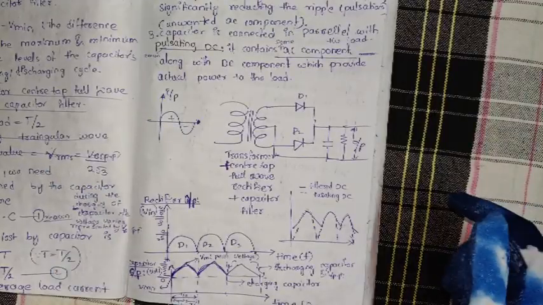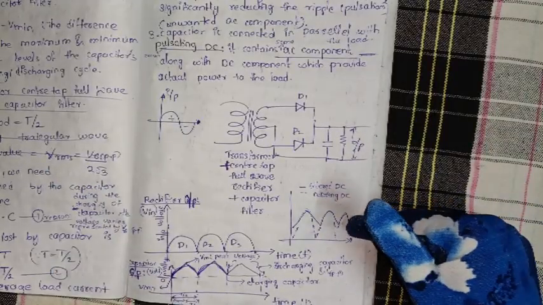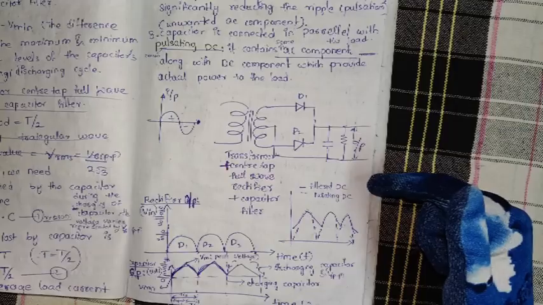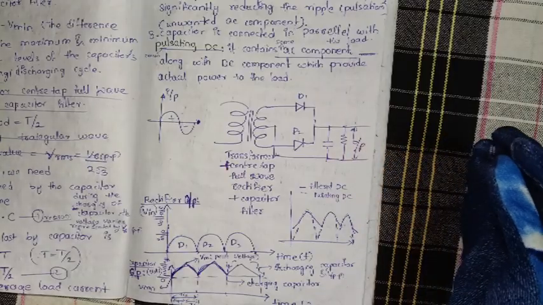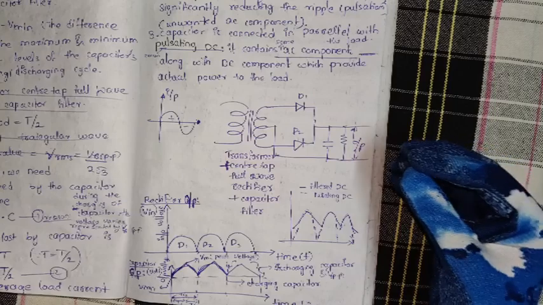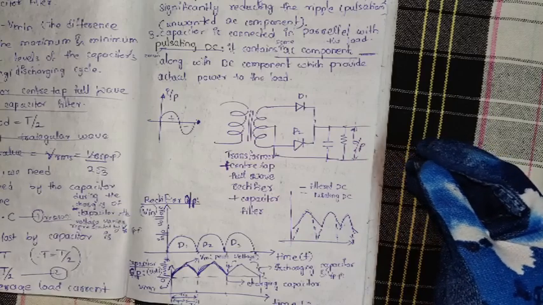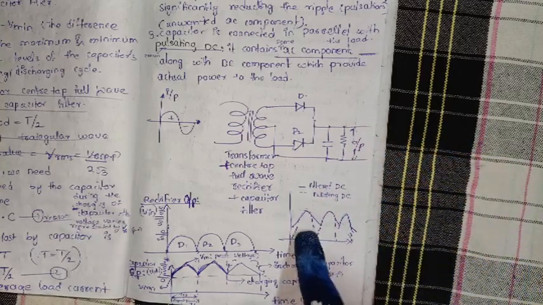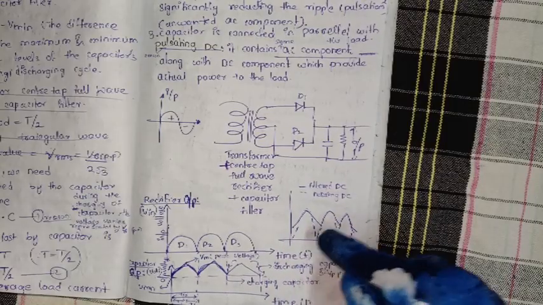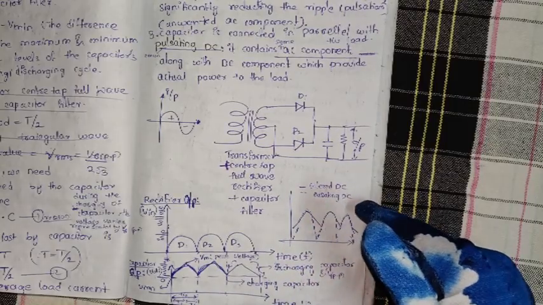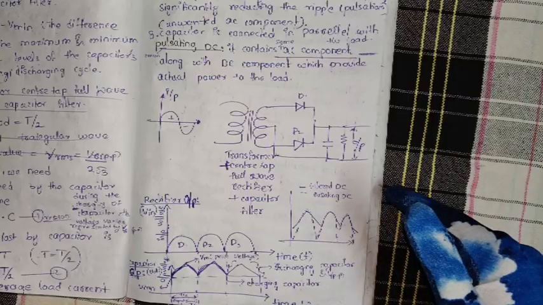Here we can observe the difference between the rectifier output and the filtered output. So we can observe that ripple is reduced, means the AC fluctuations are reduced.